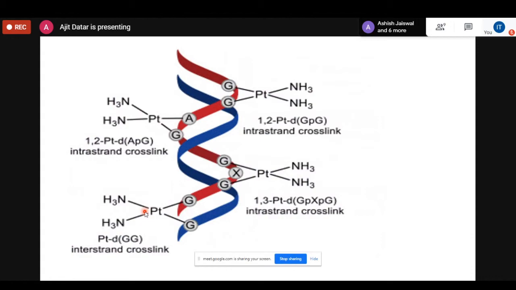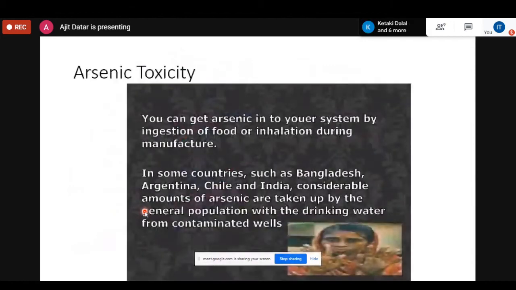That is what is expected. There is another one which is arsenic toxicity. Arsenic is an element which is again highly toxic.